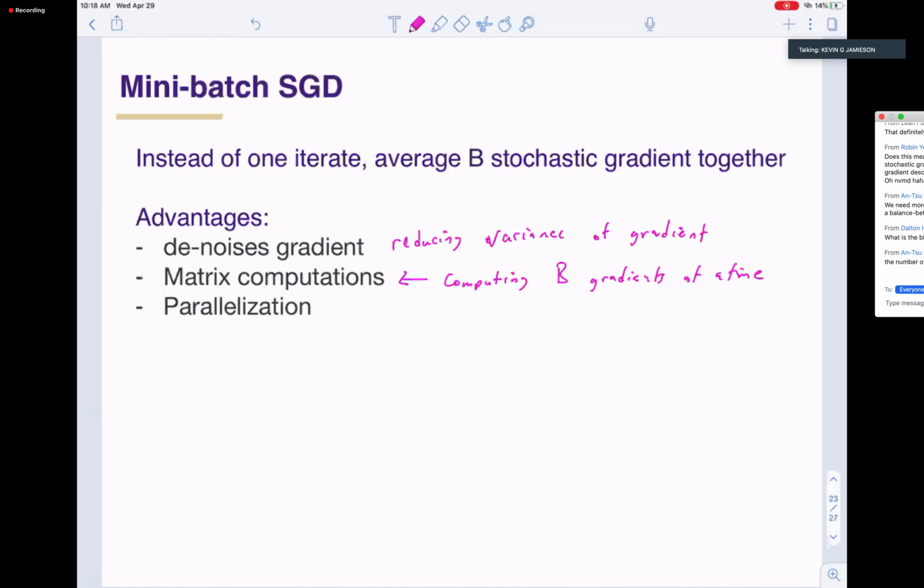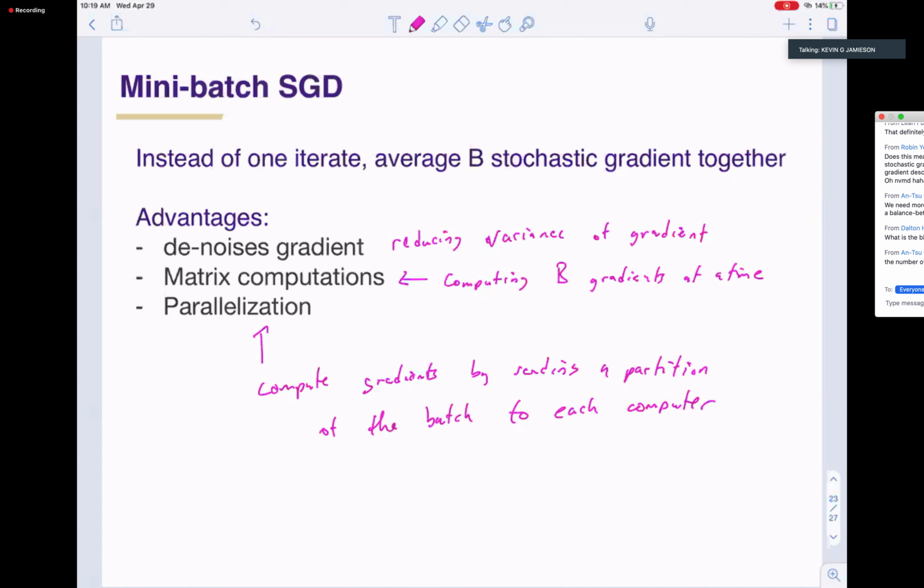I break up into batches, compute gradients by sending a partition of the batch to each computer, or in the world of GPUs, each core of that GPU.